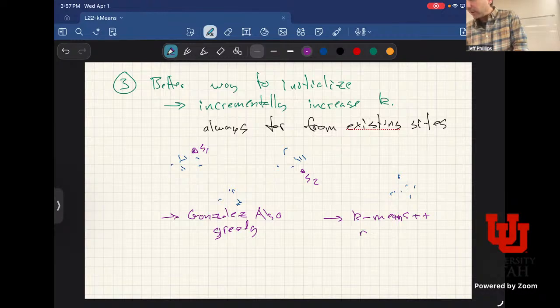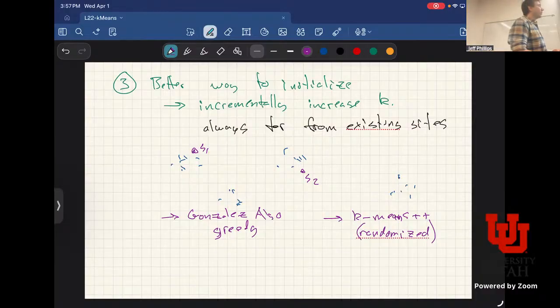This one is randomized. I'm not going to fully explain how it works, it's a bit more complicated. It's a combination of greedy and random at the same time. It wants to pick points that are far away, but it does so at random.